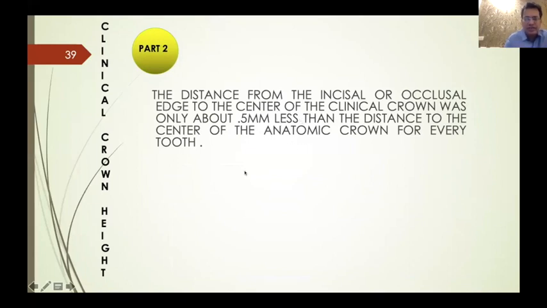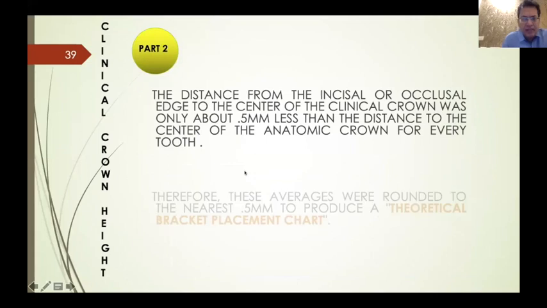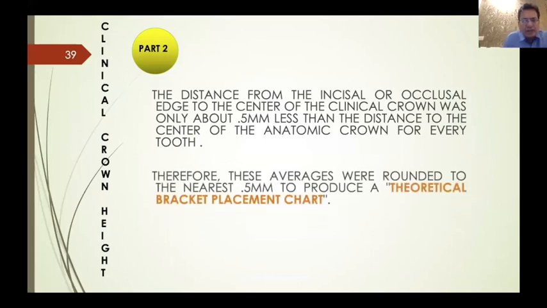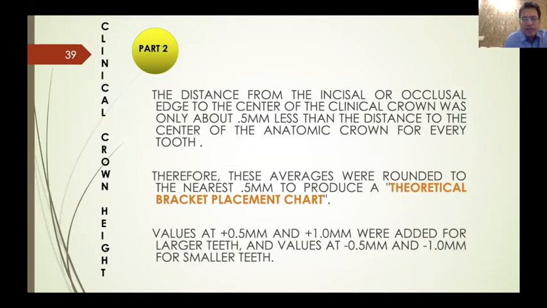So they gave something which is known as the theoretical bracket placement chart. They said that you round off to the next 0.5 mm to produce a theoretical bracket placement chart. So values of 0.5 and 1 mm were added for larger teeth, and values of 0.5 and 1 mm were subtracted for smaller teeth.